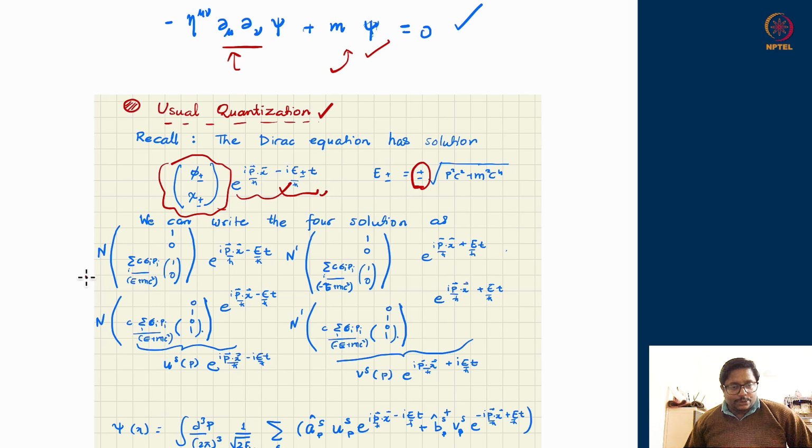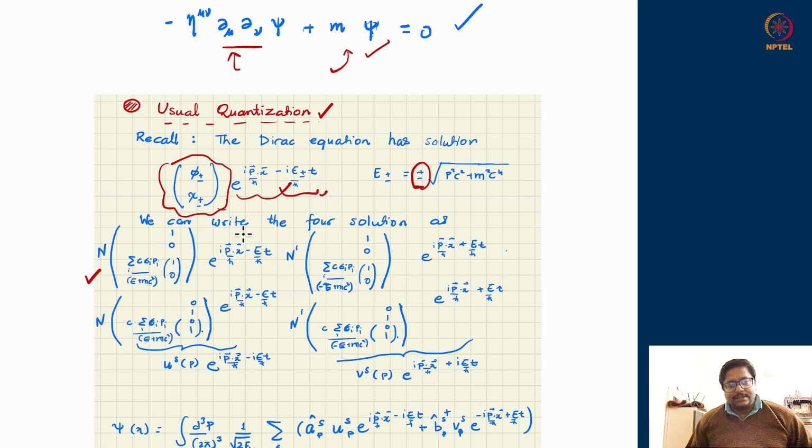For instance, it could be coming with definite energy, positive or negative. So it has a positive energy or positive frequency solution and negative frequency solutions. As we realized when we were discussing the spinor structure, it has an extra degree of freedom, or an extra operator which quantifies that, which is the spin or the helicity.